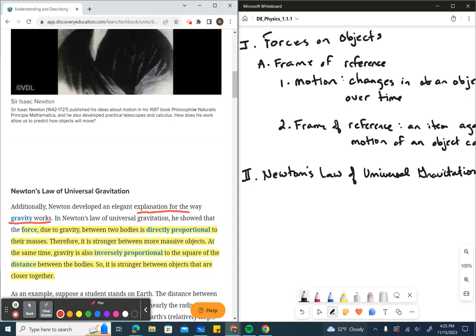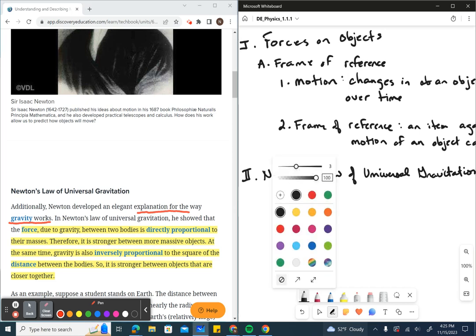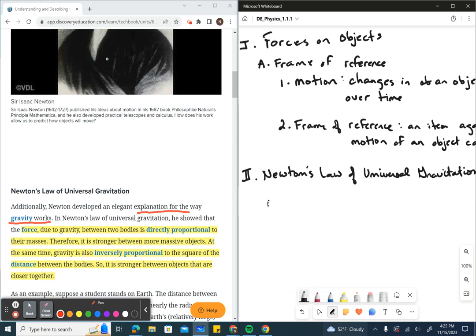In Newton's law of universal gravitation, he showed that the force due to gravity, F of g, between two bodies is directly proportional to their mass, okay, directly related to the mass of object 1 times the mass of object 2.